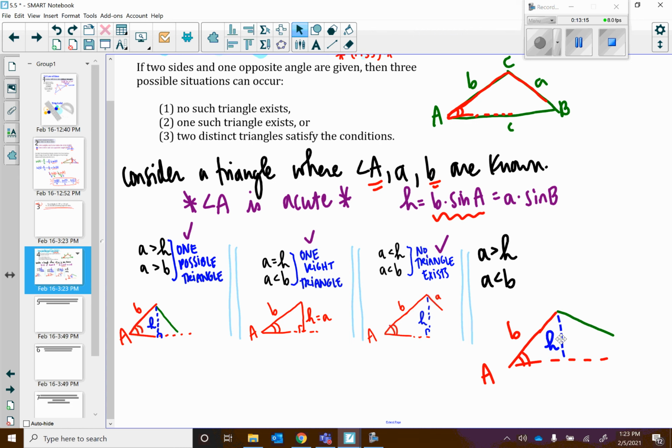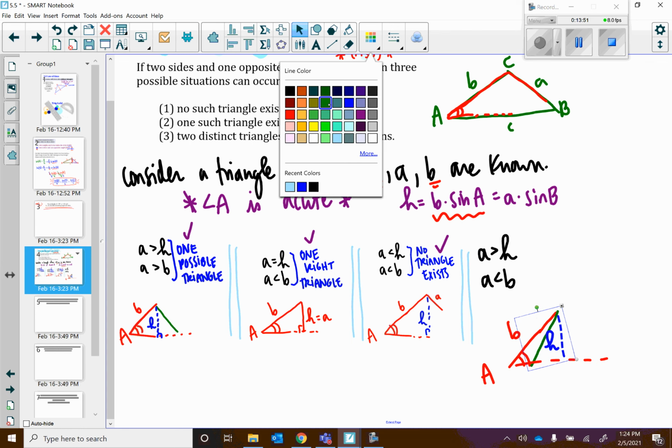Okay, we're going to go through this again really quick. Side A, this green one, is greater than the height, longer than our height. We can see that here, but side A is smaller than side B. Oops, I didn't do that perfectly. Shorter than side B. Well, what can happen here is because we don't know what this angle up here is, I'll either have a triangle that looks like this, or I'll turn this in a little bit, and it's not perfect, but I'll have this tiny little triangle right here.